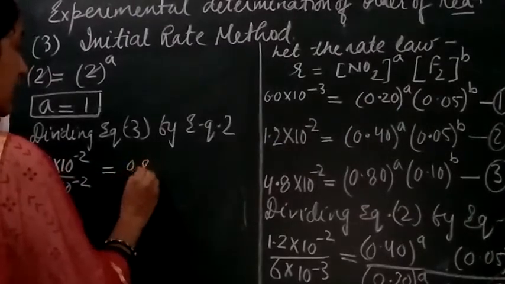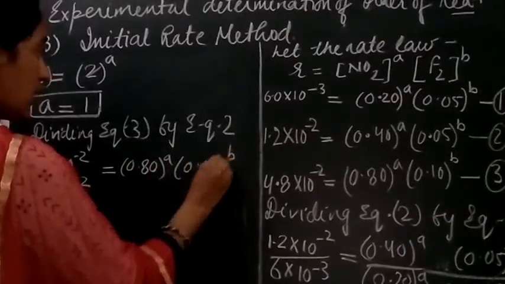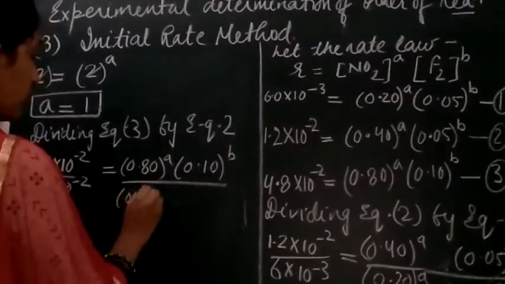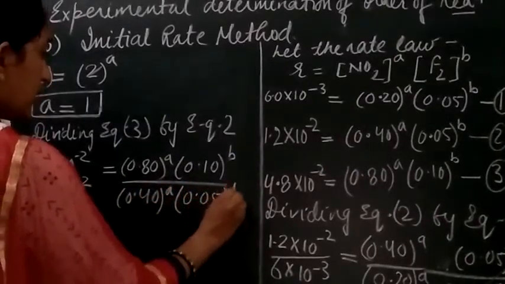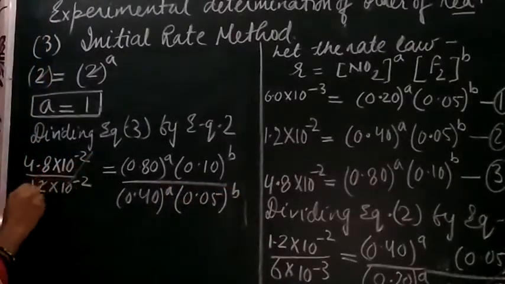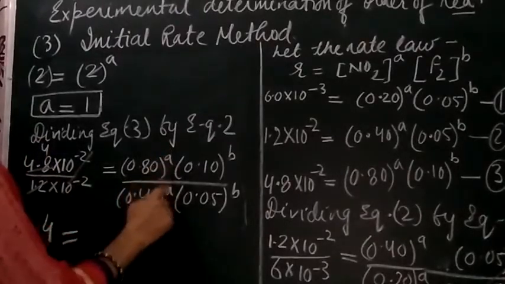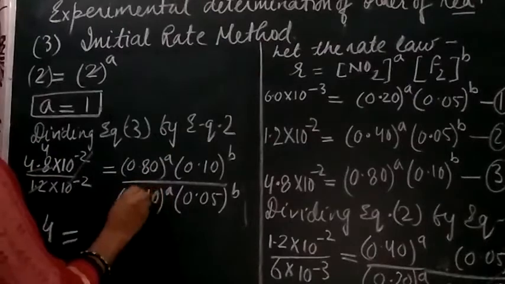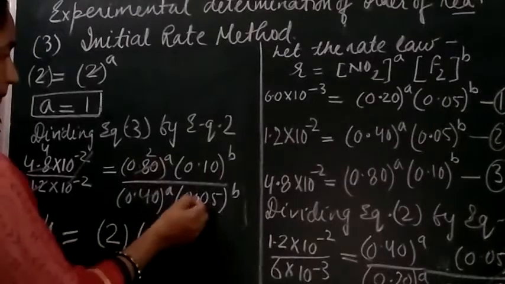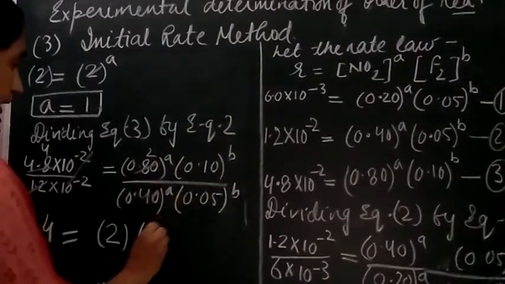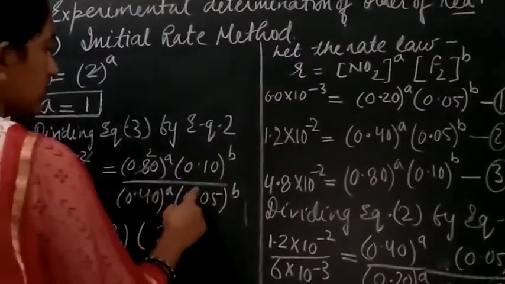equals 0.80 A, 0.10 B, over 0.40 A, 0.05 B. Here you will get 4 over 1.2 into 10 raised to power minus 2, so this is also getting 2, and on the other side we get 2 raised to power B. Right, students?